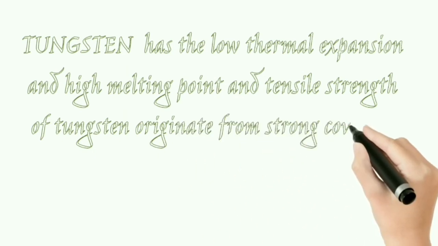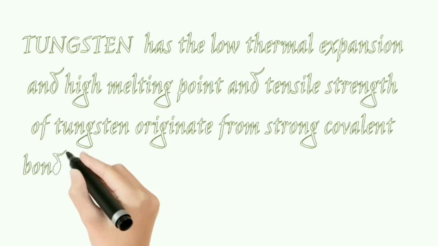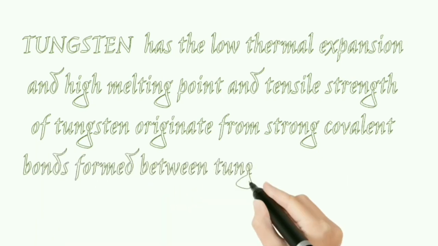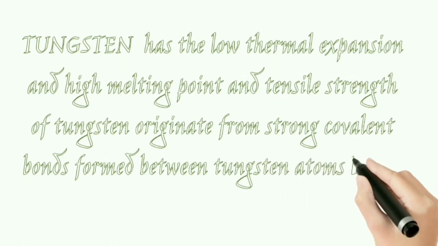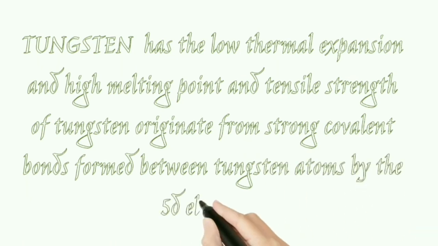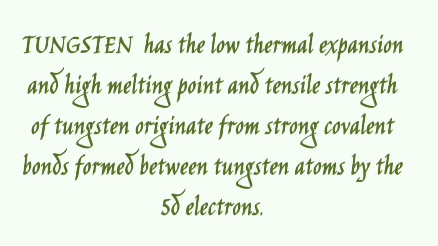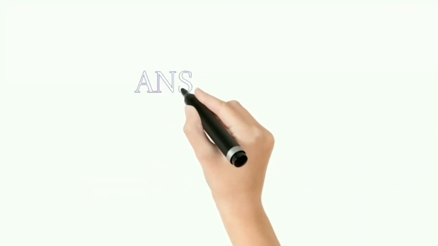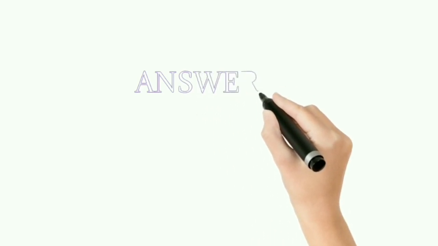These come from the strong covalent bonding also. It has 5d electrons, and the bond is formed between tungsten atoms by the 5d electrons. So these are the reasons tungsten has the highest melting point.